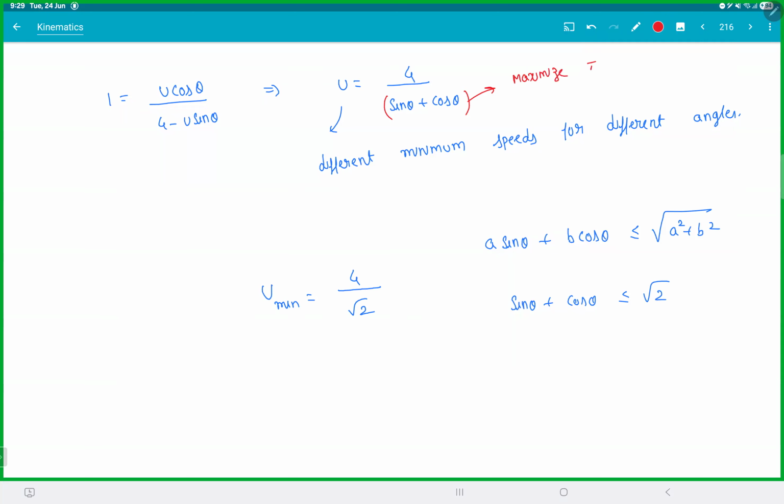Maximize this for minimum speed. This will be 2 root 2 meters per second. And you can clearly see here, this happens when the angle is 45 degrees. So this boy must actually go at 45 degrees to the road. That will give the minimum speed. He can cross the road safely with this speed.